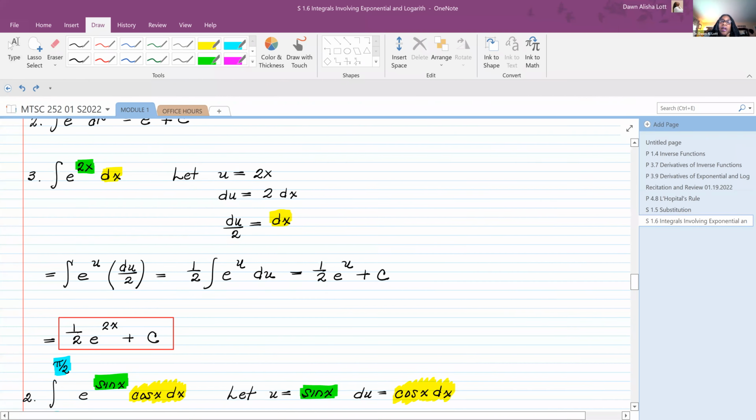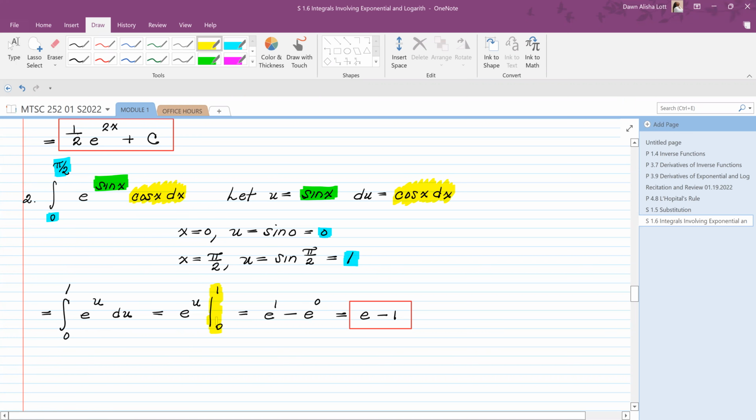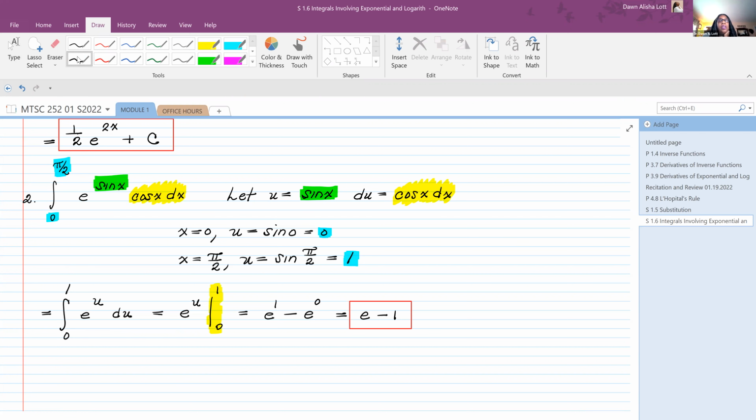But when it's a definite integral, you use the fundamental theorem of calculus, which means you evaluate your antiderivative at your top and lower limits. So when I have a definite integral, not only do I translate the x coordinates, I also translate the top and lower limits.